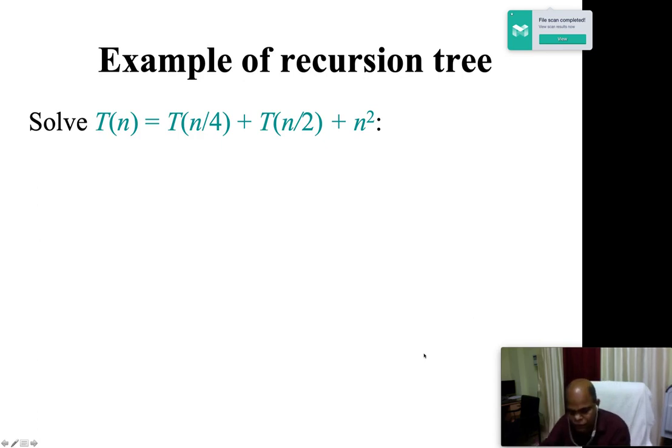Now suppose this is a recurrence relation: T(n) = T(n/4) + T(n/2) + n square. How do we solve this using a recursion tree?